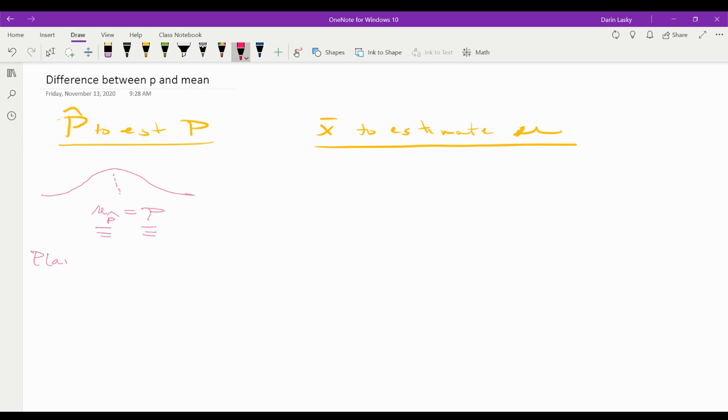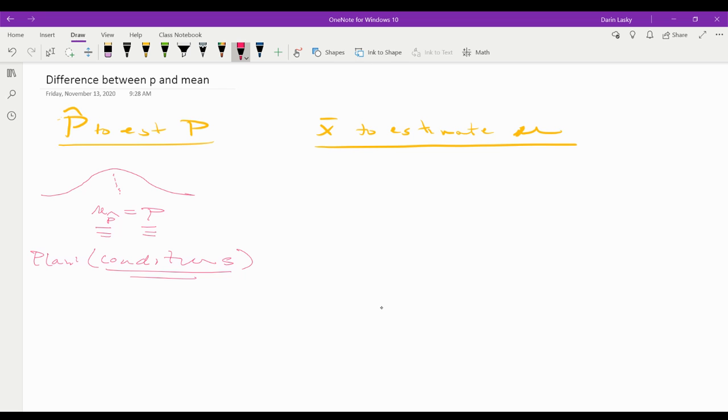That's where the plan comes in. These conditions have to be met before we can actually say this. Once the conditions are met, then we can say this. That's the key piece, so that's what the plan's for.